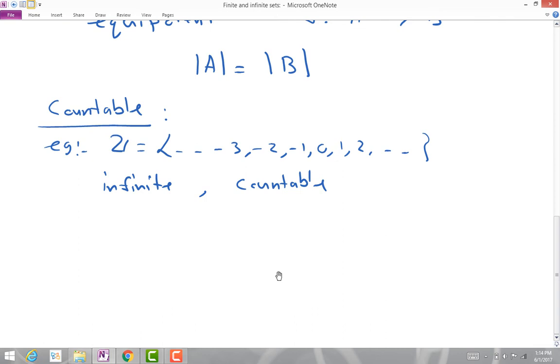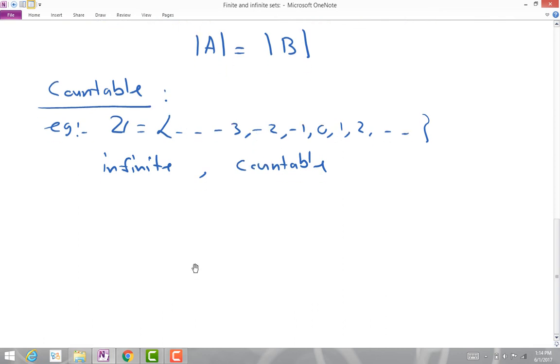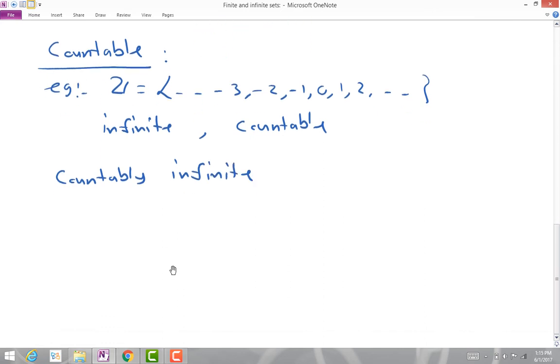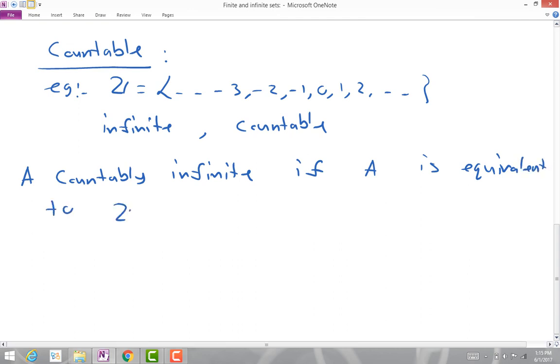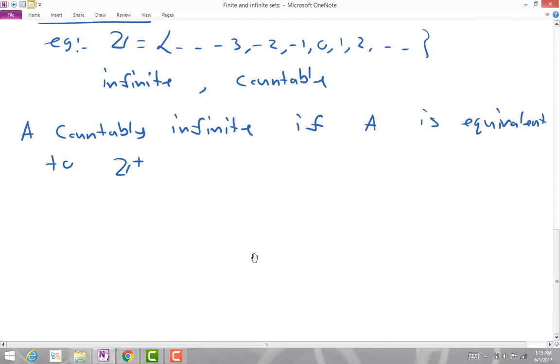So a set A is called countably infinite if A is equivalent to the set of positive integers so that you can count.